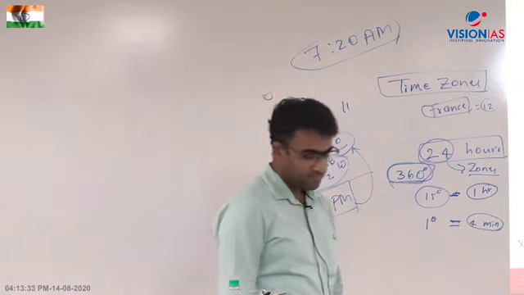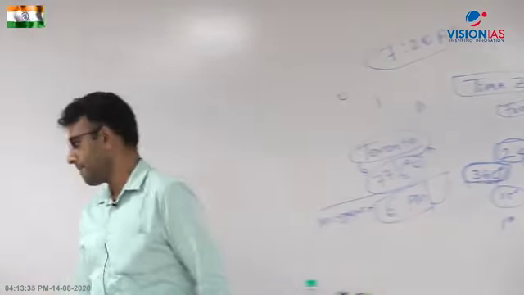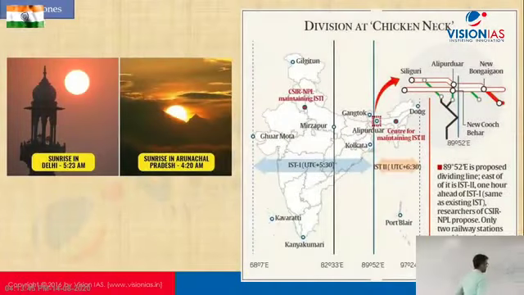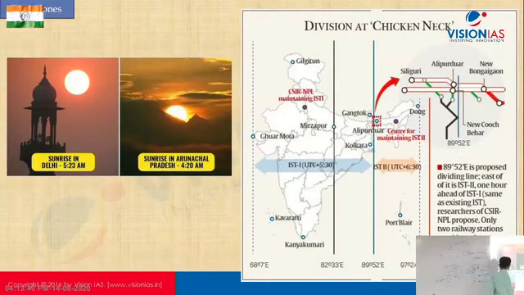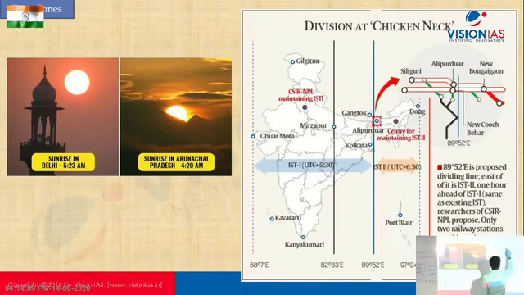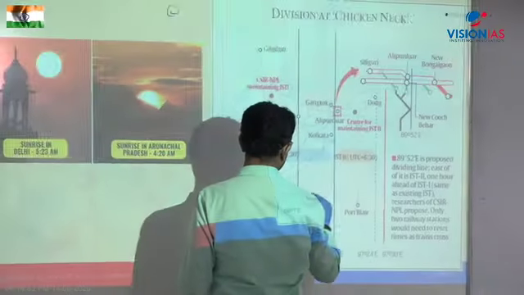What about India? In India, we have only one time zone. That is, India's time zone is set as per the 82.5 degree east longitude.